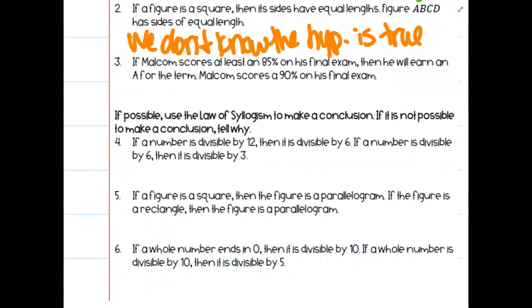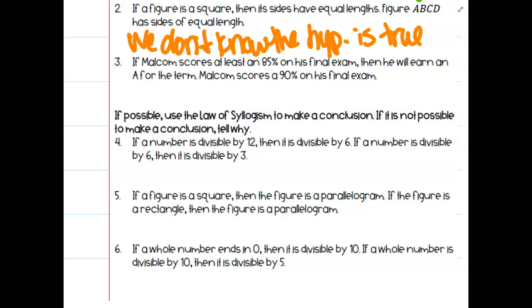Okay, so number three, if Malcolm scores at least an 85% on his final exam, then he will earn an A for the term. Malcolm scores a 90% on his final exam. Now, my given that he scored a 90% on his final has to prove that my hypothesis is true if I'm going to make a conclusion. What's my hypothesis here? Yeah, he's got to score at least an 85 on his final.